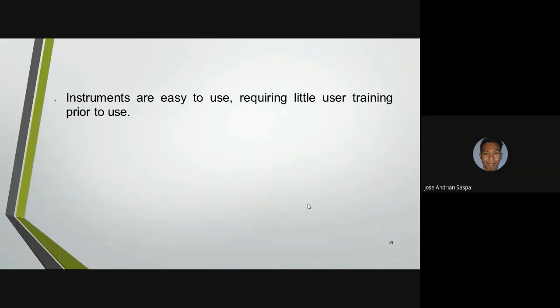Like the other instruments, it needs little training, or reading the manual to understand how the UV-vis spectroscopy functions, so as to eliminate errors or damage to the instrument.